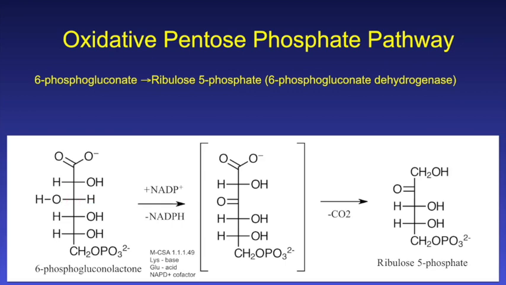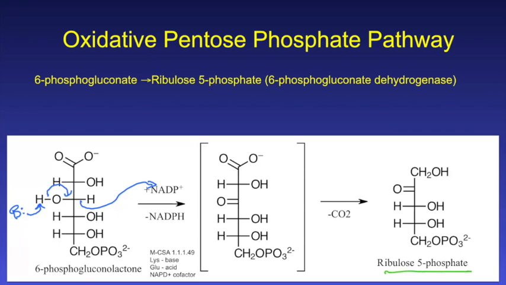Okay, a base will take off that proton. Electrons form the double bond, and a hydride is accepted by the NADPH. There is an intermediate structure because I am going to get to ribulose.